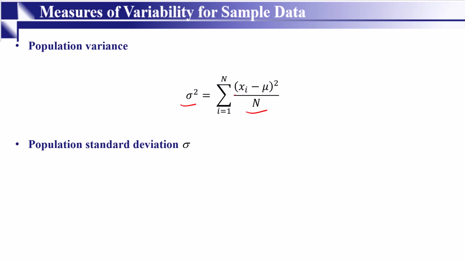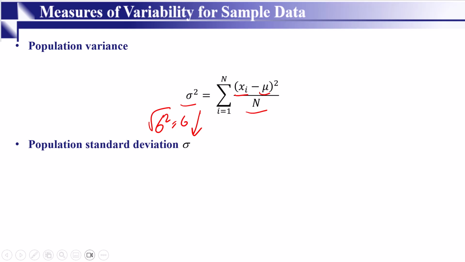So we have xi as the individual data points, then we have mu as the average or mean of the population, and n is the total number of data points in our population. Then the square root of sigma squared is equal to sigma, the population standard deviation. So population we can calculate in this way.